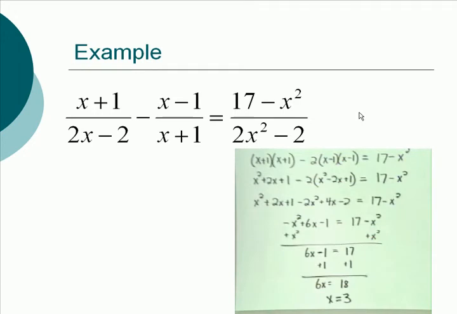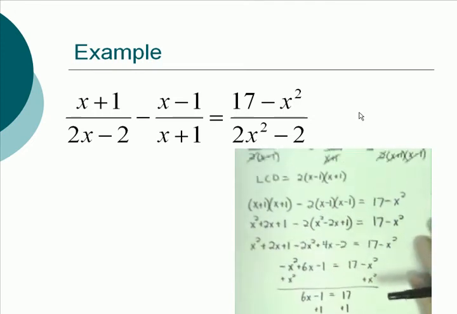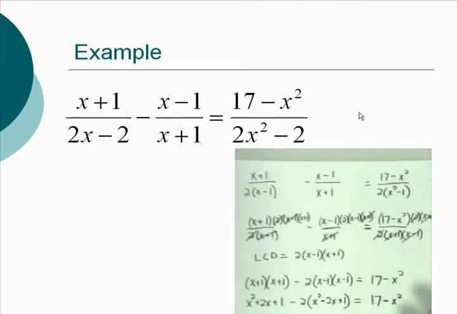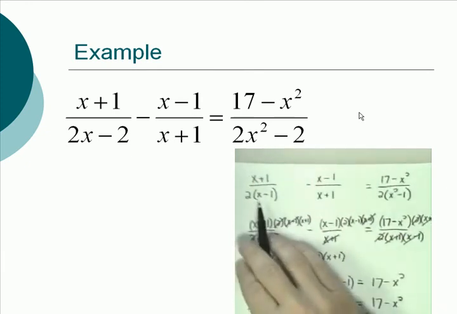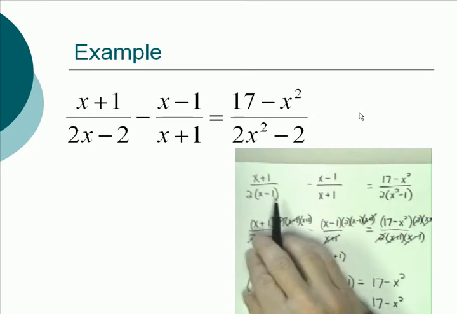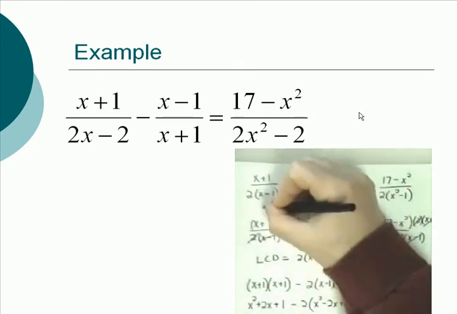Now we don't know for sure that that solution is valid because we have not gone back to look at our restrictions. Let's go back and look at what our restrictions were on the original equation. Going back to the original equation, we can't have a denominator of 0. X minus 1 yields one restriction, and we note here that x cannot equal 1.